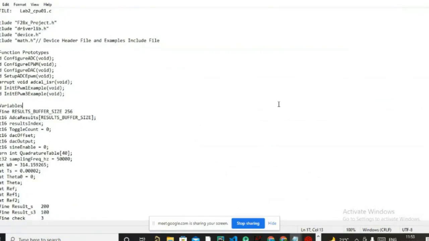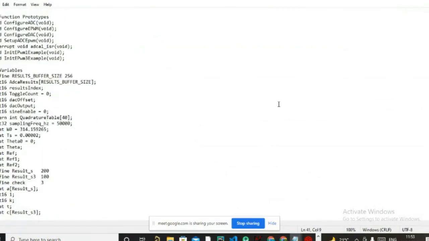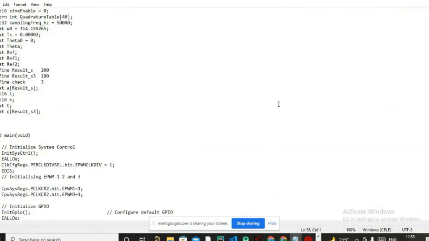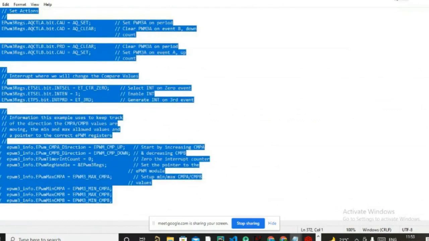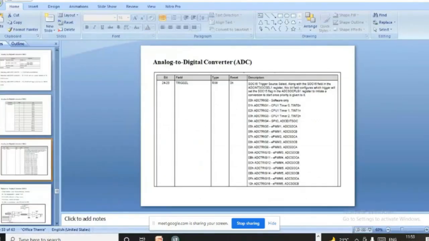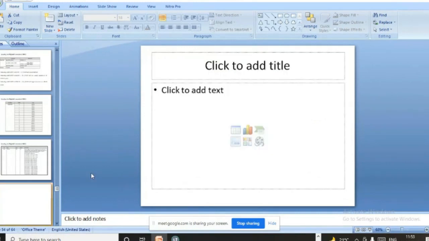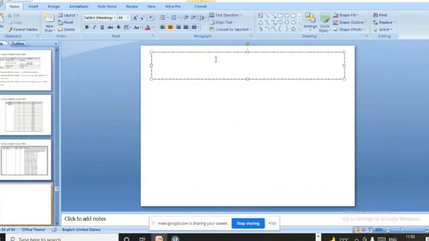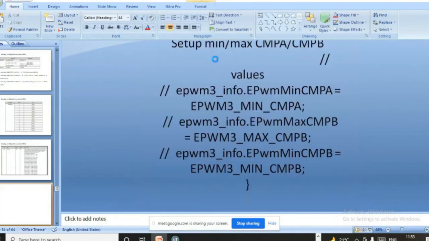Is my screen visible to you all? Yeah, Tushar. Okay, I'll try to focus on Word. Let's see if it is okay.